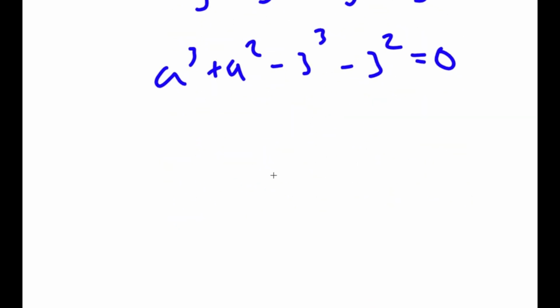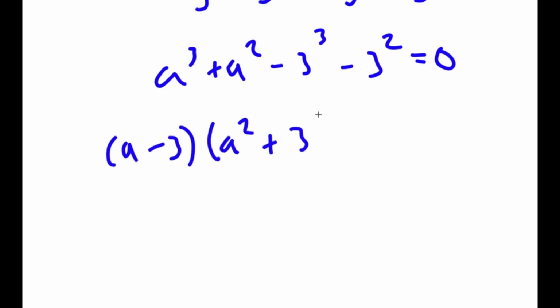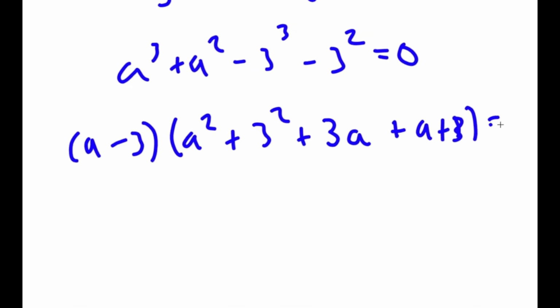Now I can rewrite this to be in the form a minus 3 times a squared plus 3a plus 3 squared, plus a plus 3, is equal to 0.